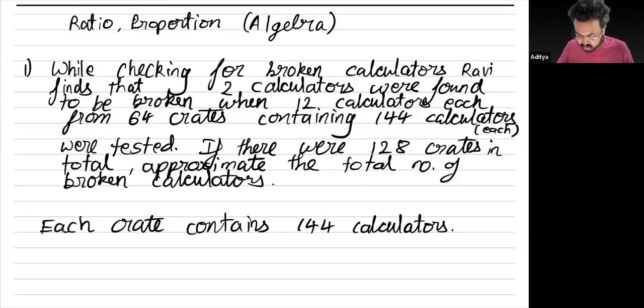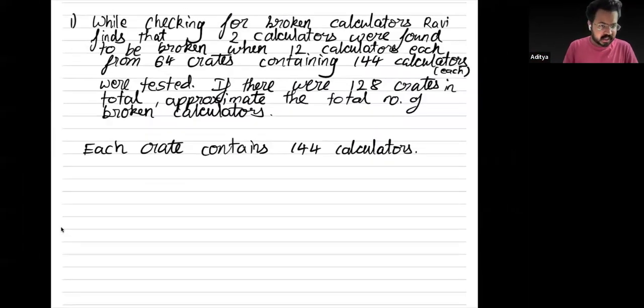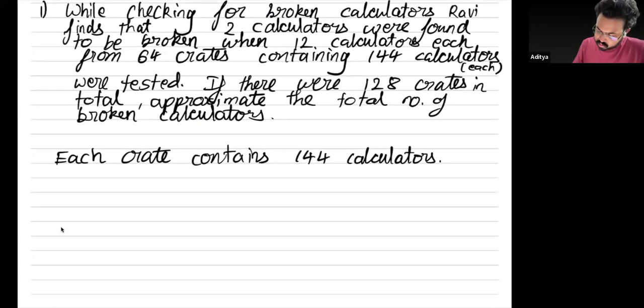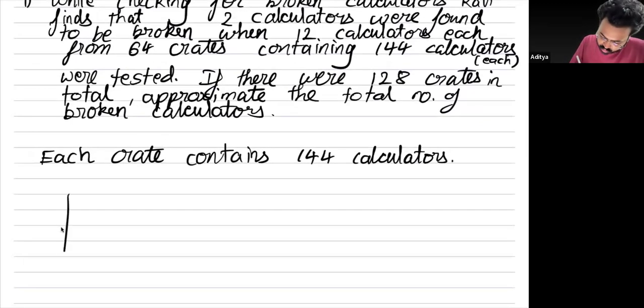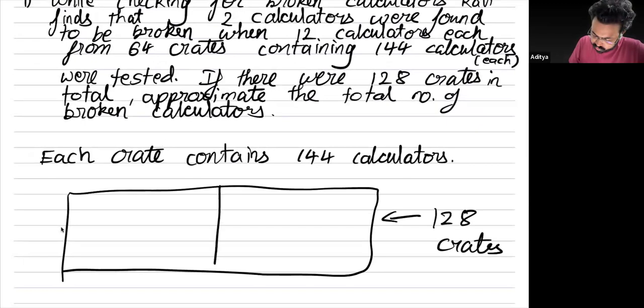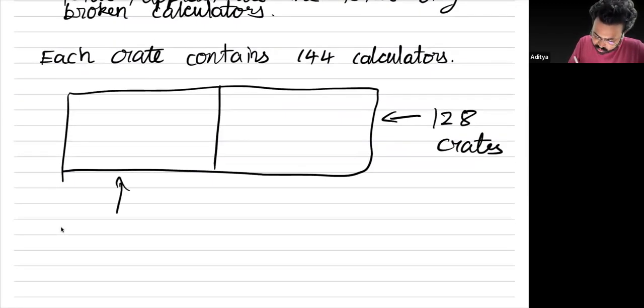Okay, so I think some of you are missing the key idea here. The answer is not 3072. Sir, please explain the 48 times difference. I'll explain. So there is a total, this is the total 128 crates, out of which we go and check 64 crates only.